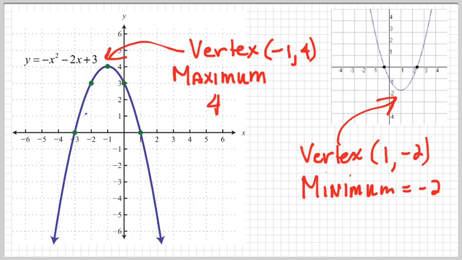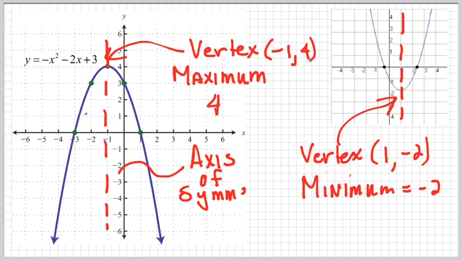Back to our graphs. All parabolas have a line that they are symmetric about. It goes right through that vertex. It's that line where if you folded the parabola on that line, the two sides of it would lay right on top of each other. This dotted line that they're symmetric about is called the axis of symmetry.